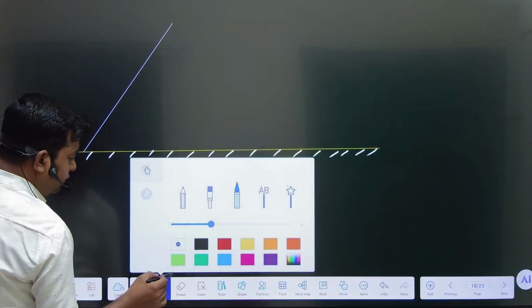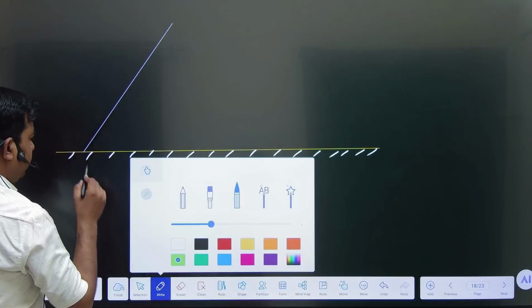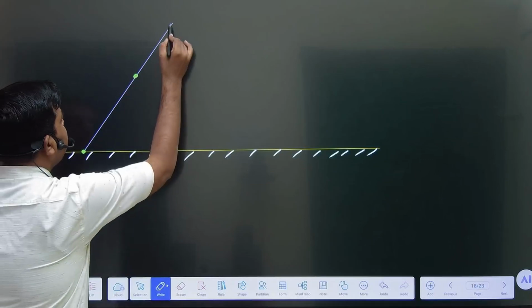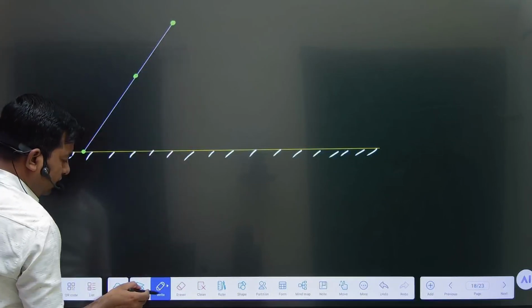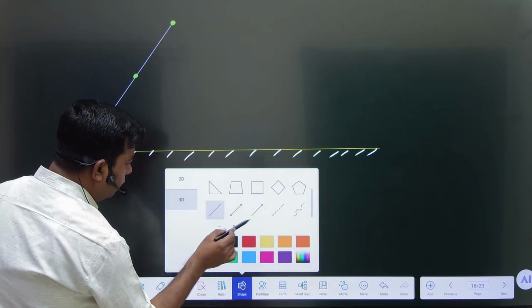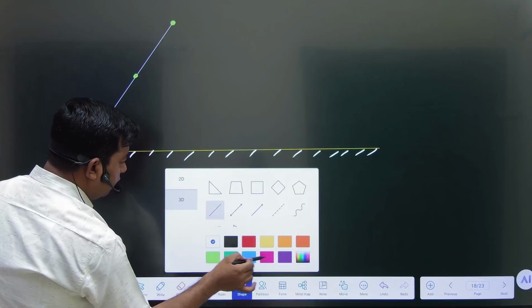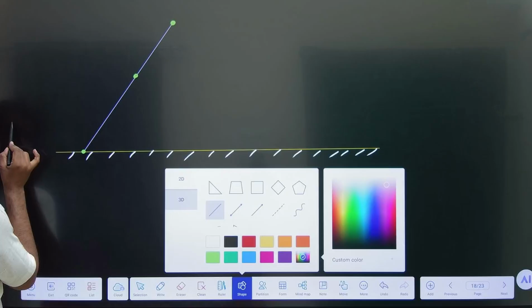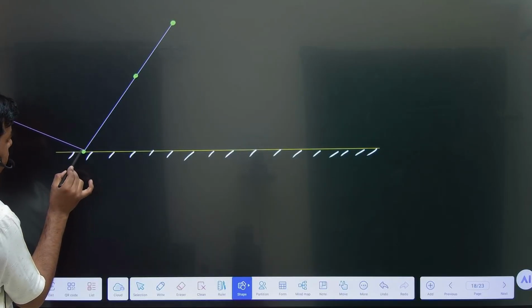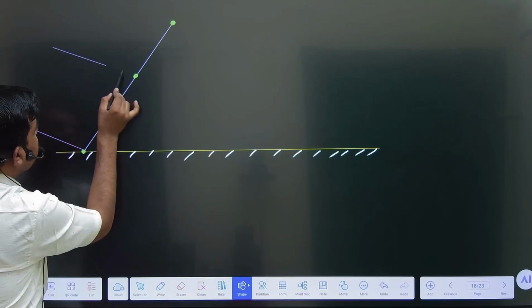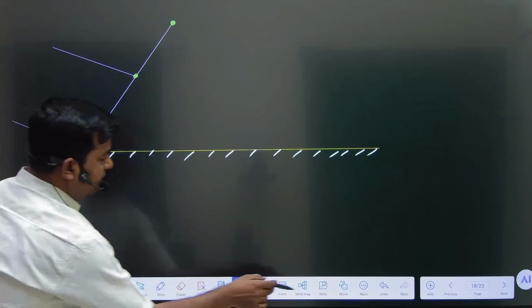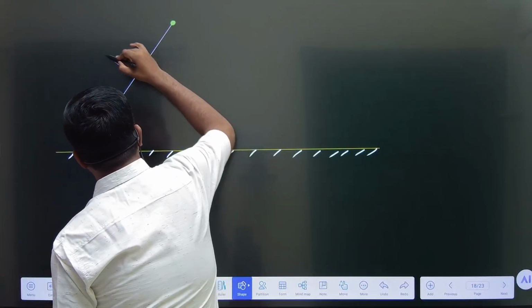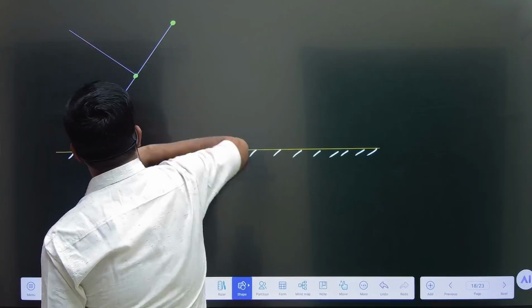According to Huygens theory, each point on the wavefront behaves as a new light source and can produce secondary waves. The ray of light perpendicular to this wavefront is called a light ray. The first one is perpendicular to this wavefront, and the second is also perpendicular to this wavefront. We draw the ray of light perpendicular to the wavefront.